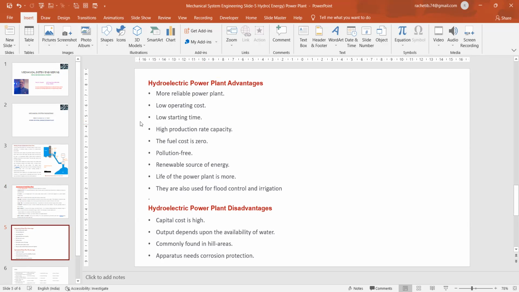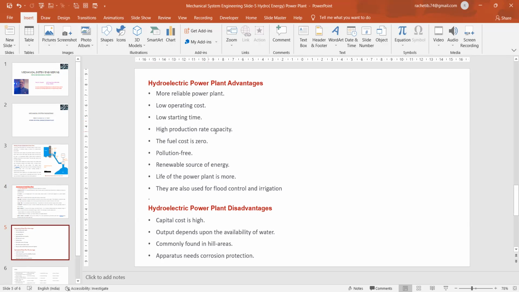For a thermal power plant, it takes a minimum of 8 hours to start the machine, whereas in a hydel power plant it takes hardly 5 to 10 minutes. Just like we switch on the button to get the fan or tube light on. It is so simple in a hydel power plant, and it saves time compared to a thermal power plant.